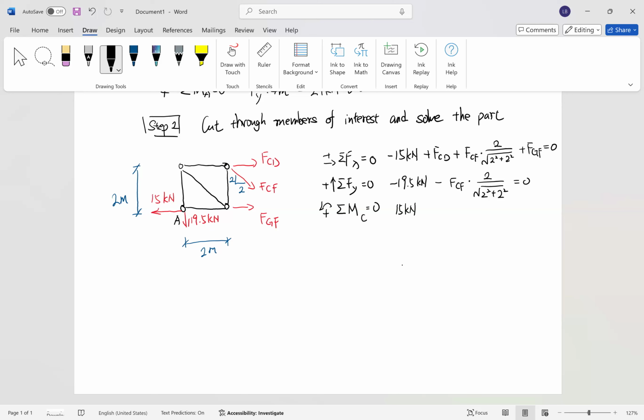That distance is 2 meters. Is it positive or negative here? It should be negative.